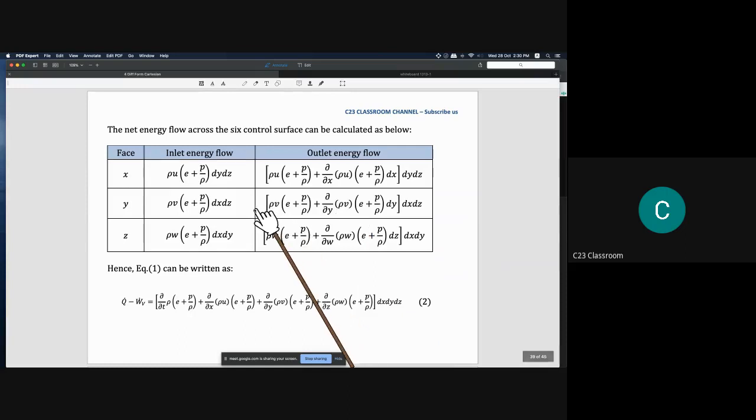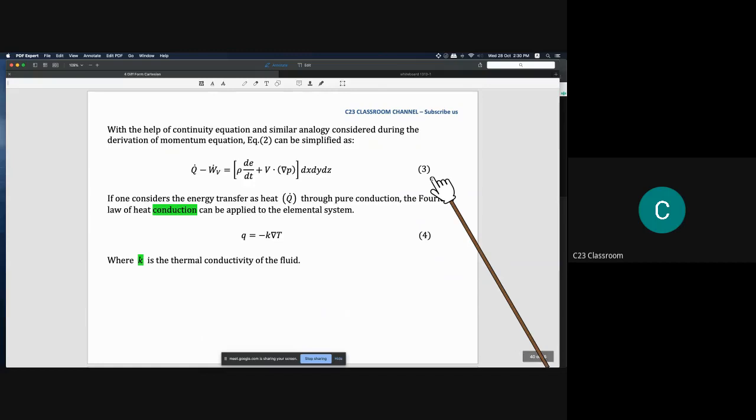Because we have x, y, and z axes, we determine the energy at the inlet for x, y, and z, and then the energy flow at the outlet, and then we sum them, so we get this. I'm going very fast here because normally for the master level, they use the Navier-Stokes equation to describe the velocity and pressure.